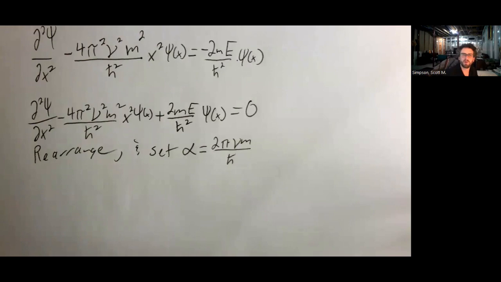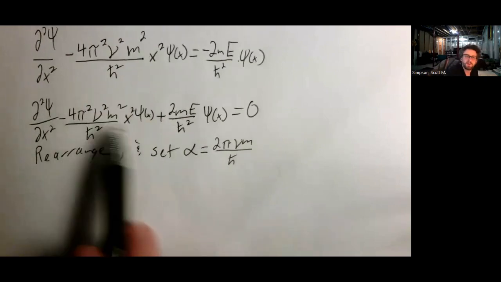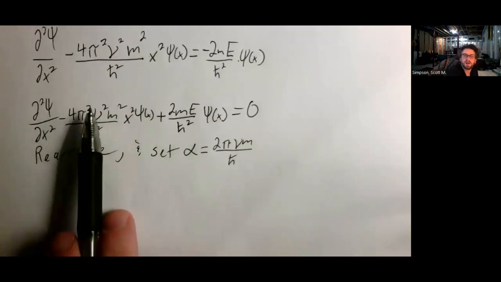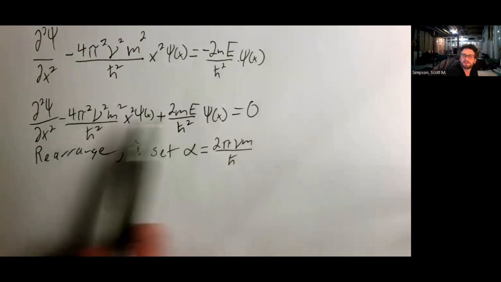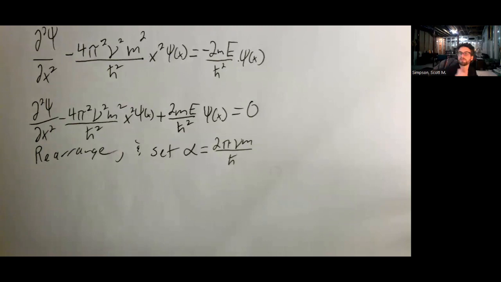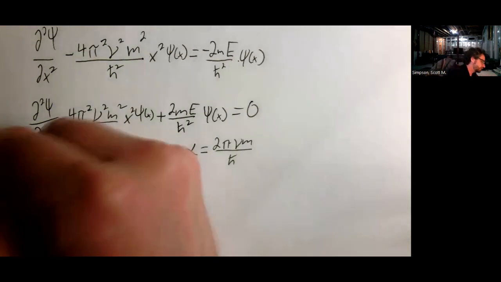You might be asking, well, why don't we just set this whole thing equal to alpha? That way, we don't have to square alpha to get what we want. There is a reason for that. It will become clear in a little bit why we're doing this. So for now, just trust me. I know that's a hard thing to do, but just trust me.